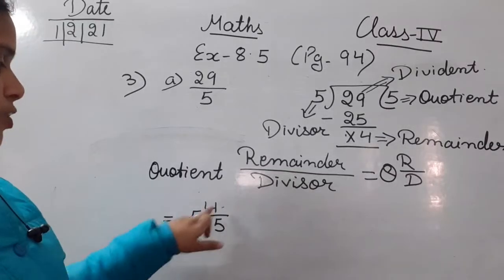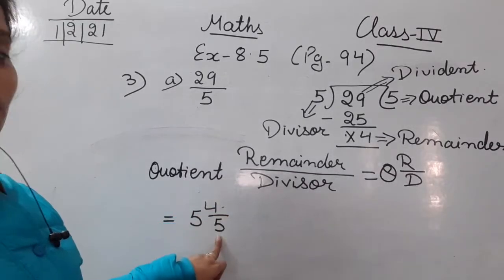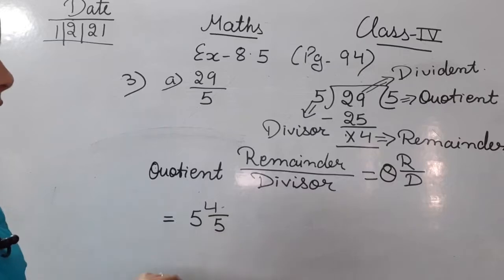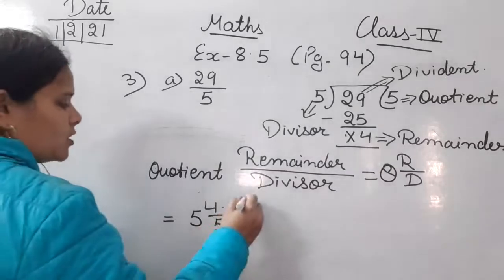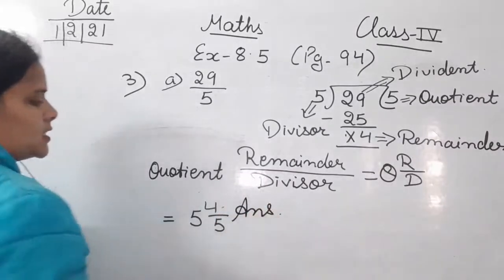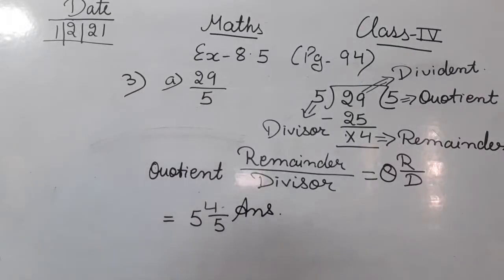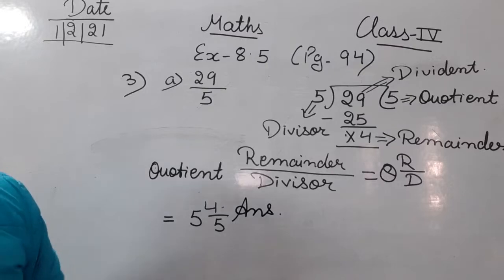So 5 was quotient, 4 was remainder, and the divisor was 5 again. This is the answer. Clear? अगर थोड़ा बहुत डाउट होगा बेटा, that will be clear in the next few parts of this same sum, so all your doubts will be cleared.